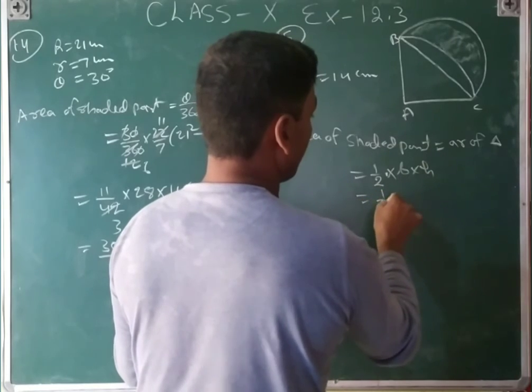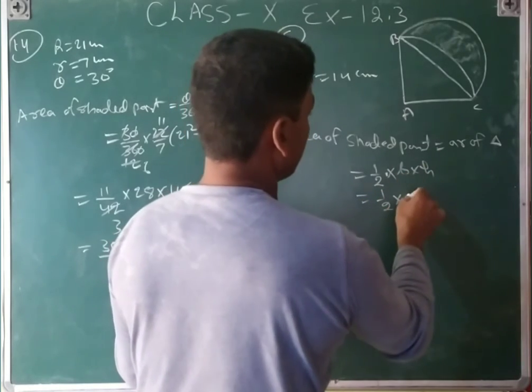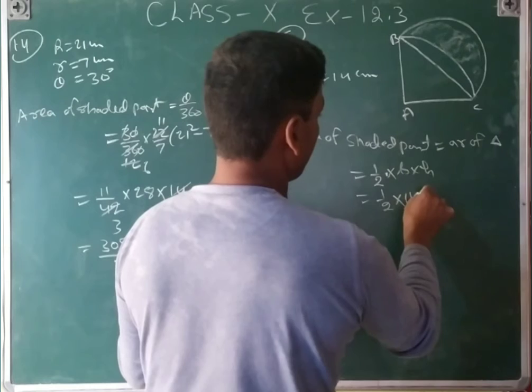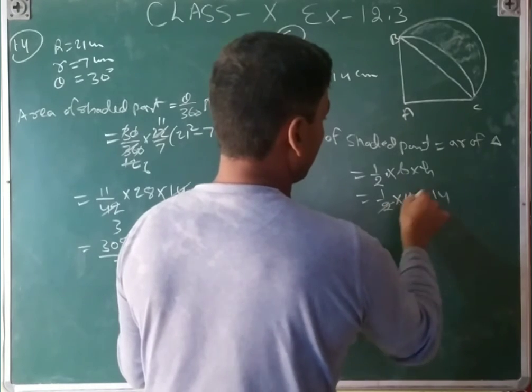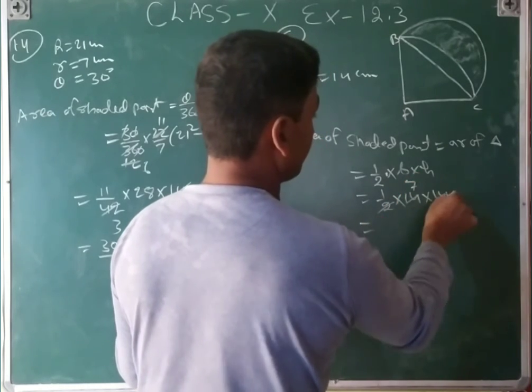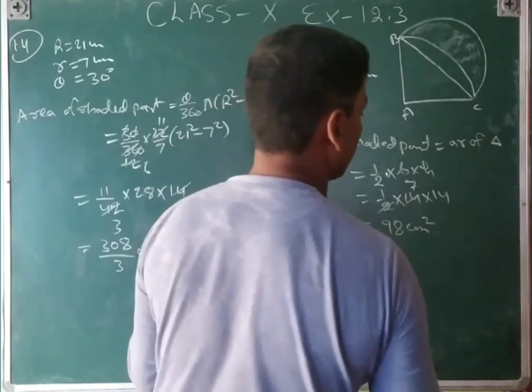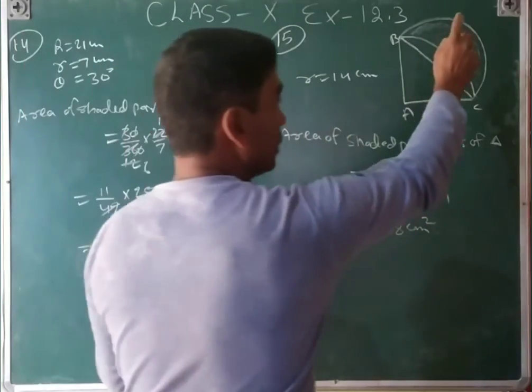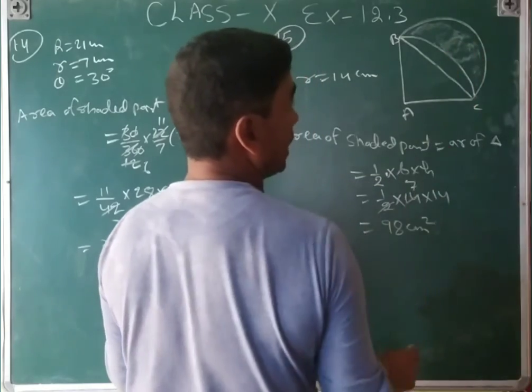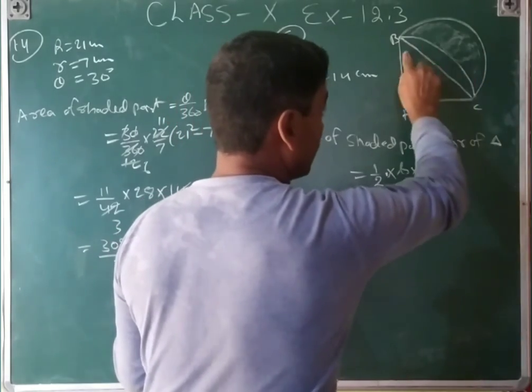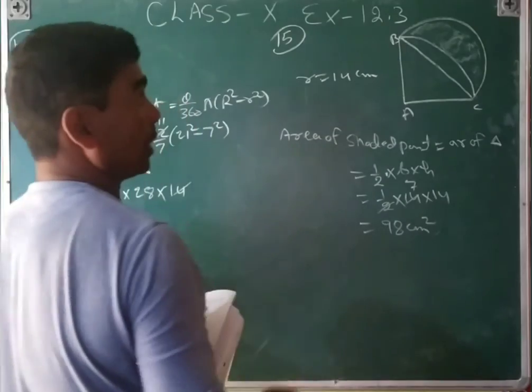So 1 upon 2 into base 14, and height will also be 14. So 7 into 14 is 98 centimeter square. This is the short method of finding the area of this shaded part. The shaded part area is equal to this triangle area.